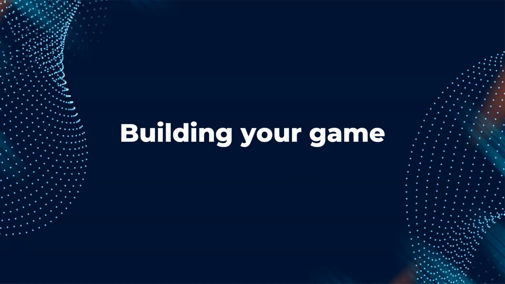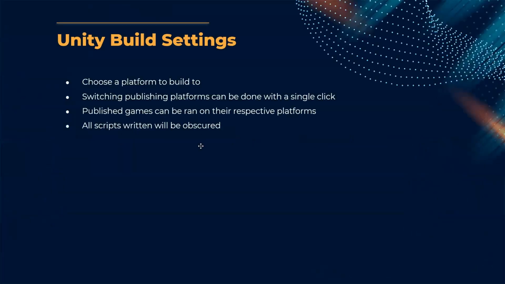Right. So what you can do is that you first will need to choose a platform to build on. And the good thing about Unity is that you can choose which platform to build to with a single click.